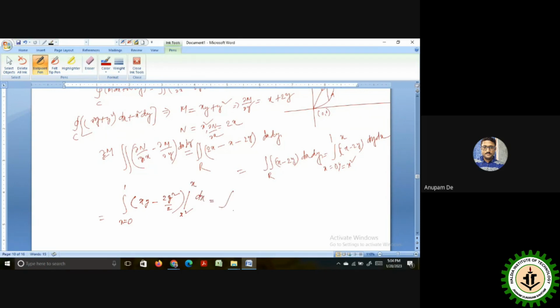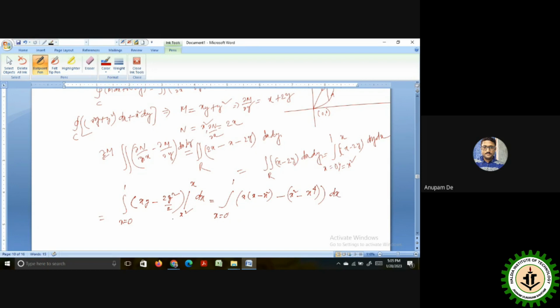That will be the integration x equal to 0 to 1, then this is the value: x into x minus x square, minus y square, meaning x square minus x to the power 4.